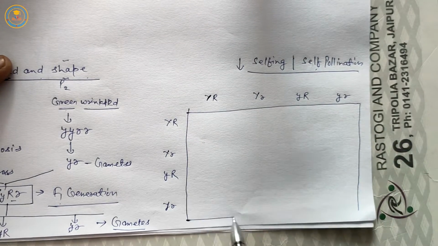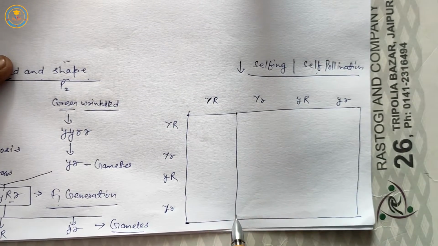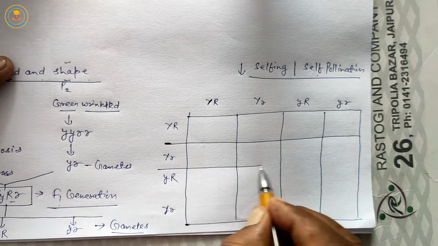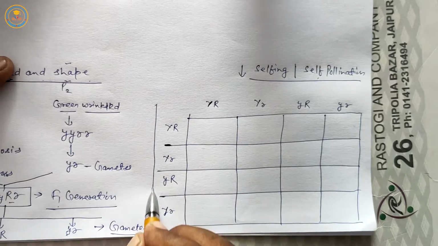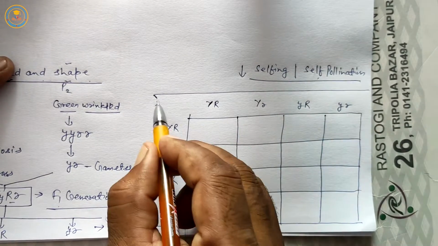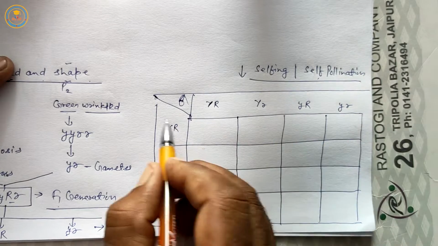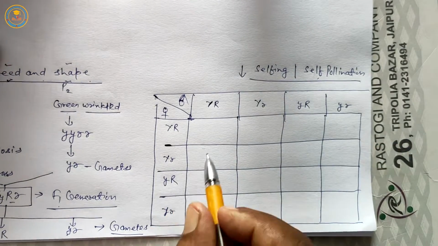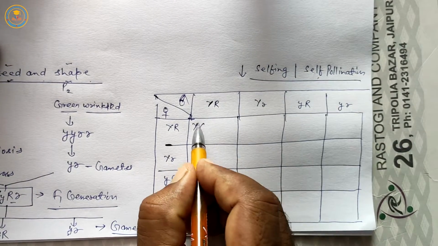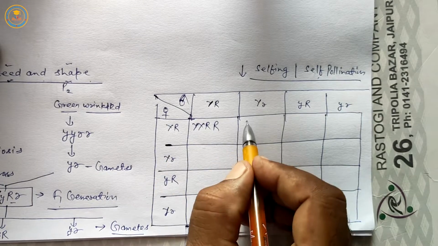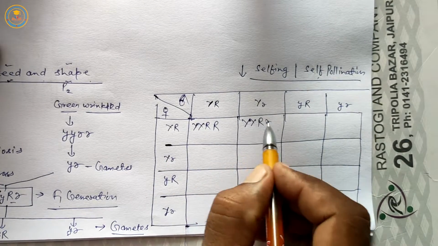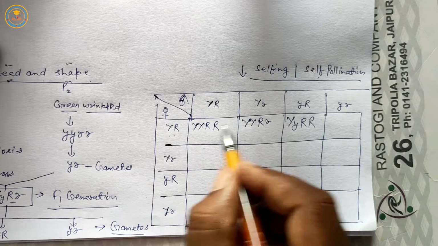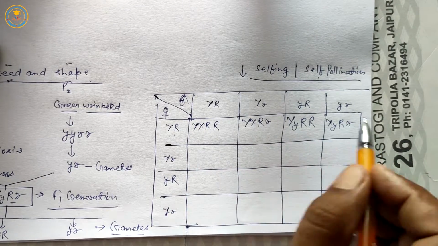Next, when male and female, they are male and they are female, cross, each cross forms a plant.